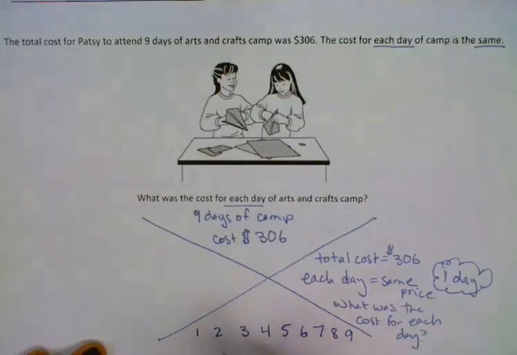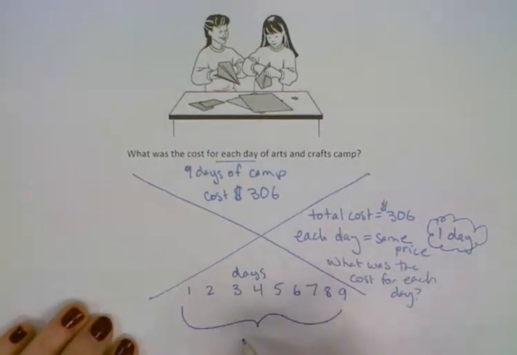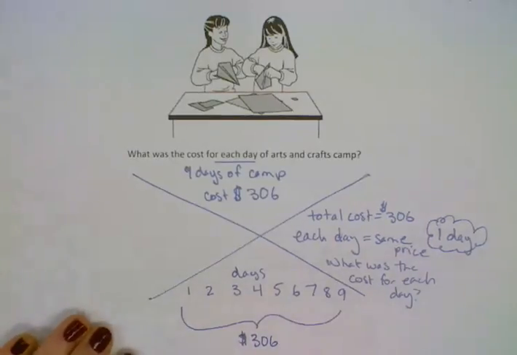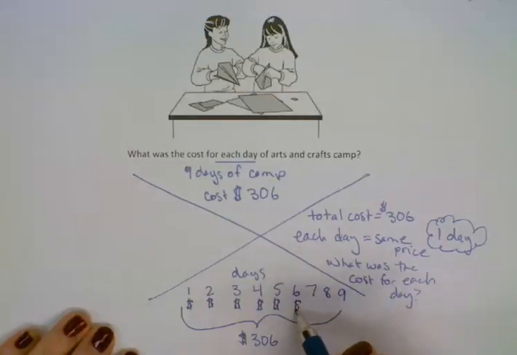And then the total cost of camp, I'm going to say this is days. Every single day was altogether $306. But I don't know how much these days were on their own.